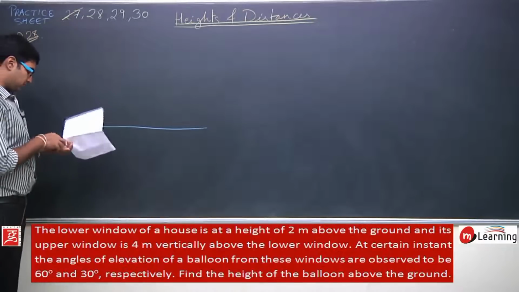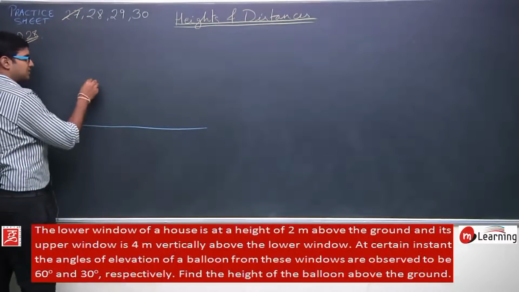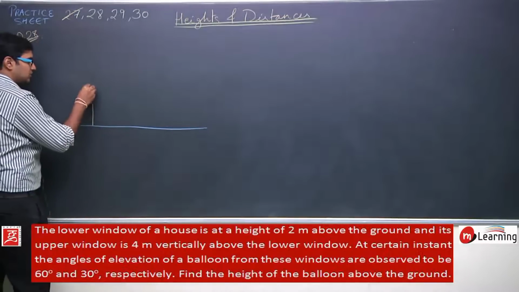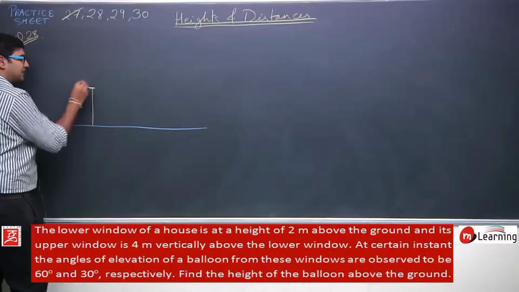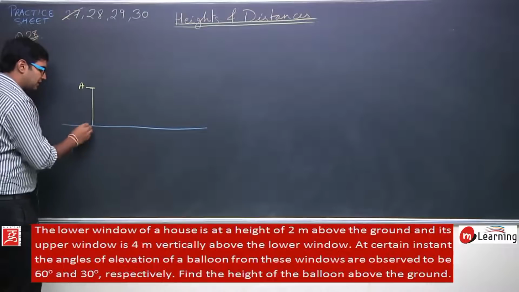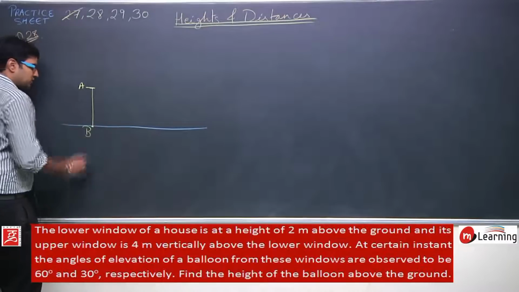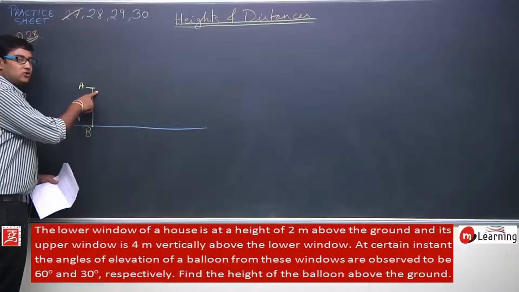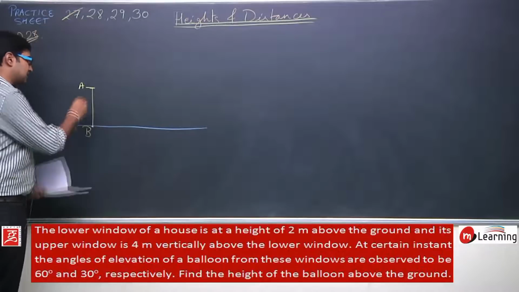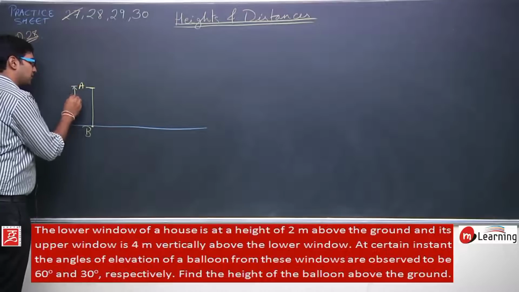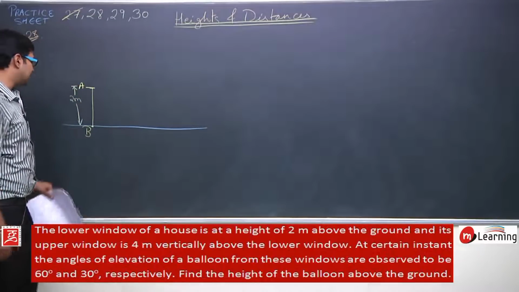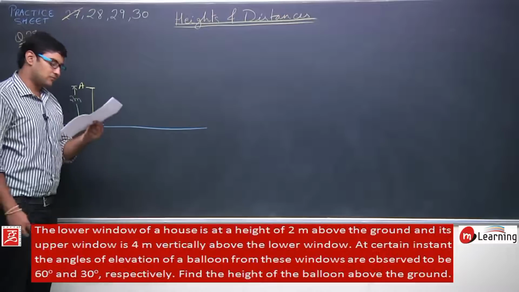On this ground there is a house and the lower window of this house is, let us say, situated at this point A, and this is the foot of this window, which is point B. So this lower window is 2 meters above the ground level.